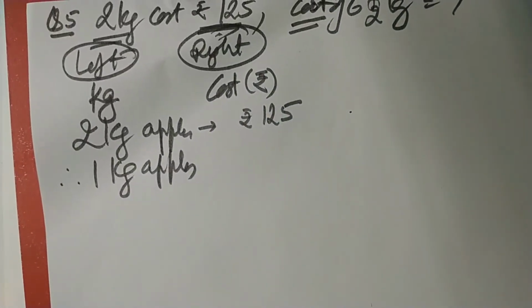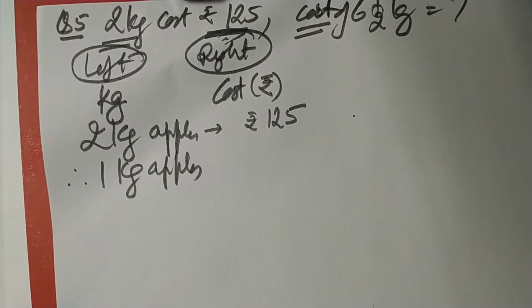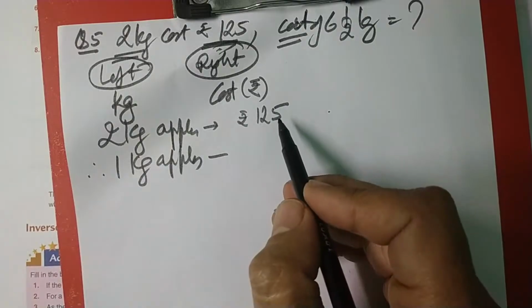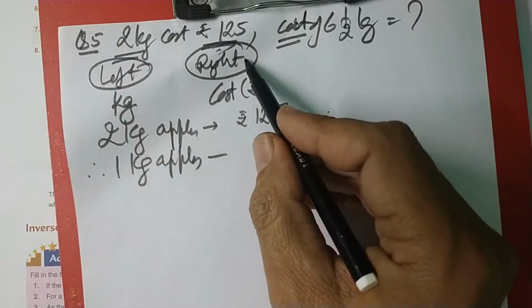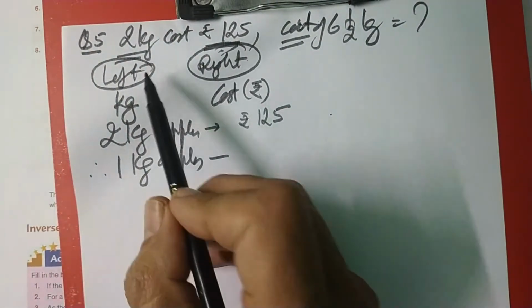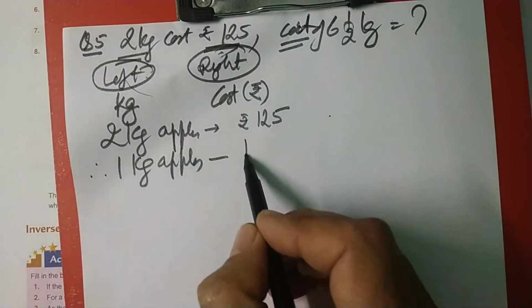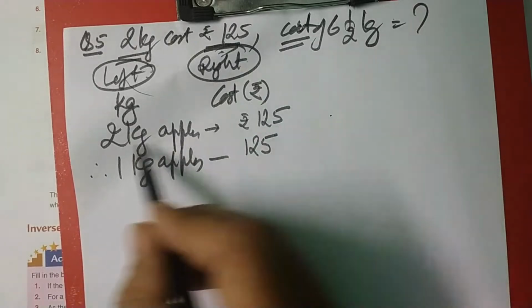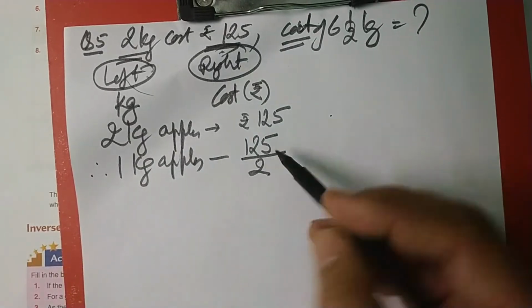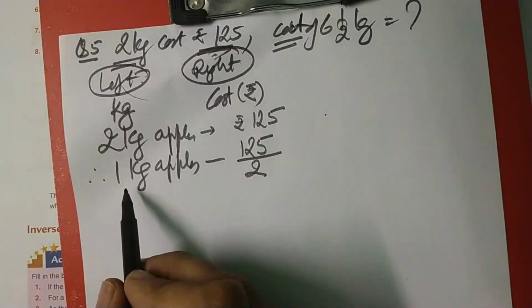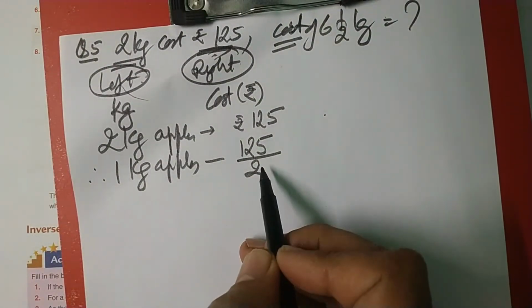If 2 kg costs 125, 1 kg will cost less. So less means the right side number is divided by left side number. This will be divided by this. So it will become 125 divided by 2. Now I don't have to divide because it is not dividing. So 1 kg apple costs 125 upon 2.